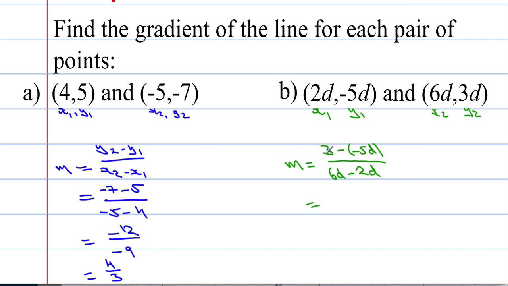Tidy up the top, that should be a 3d. 3d subtract negative 5d is 3d plus 5d, which is 8d, and 6d subtract 2d is 4d. And then I can actually divide top and bottom by 4d and get a gradient of 2.